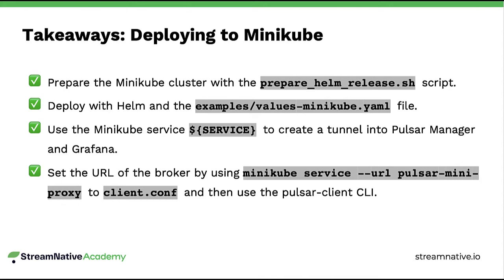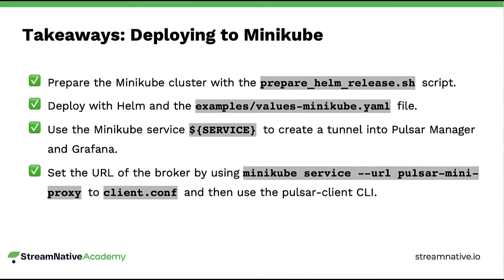Using minikube service, one can create a tunnel into the Pulsar Manager and Grafana. And getting the URL of the broker is also simple using minikube service --url. And using that, we can use the Pulsar client CLI as usual.